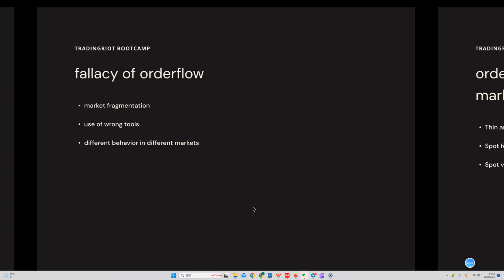The longer time you give people to reposition and do basically anything, the less your edge is in that. So a lot of these order flow tools are really short term. When we move to higher time frames, I will show you the things you should be doing, and this will obviously lead to not using the wrong tools when they don't belong.